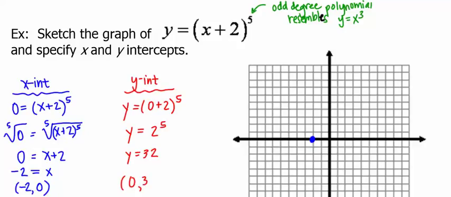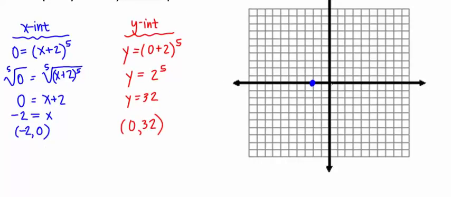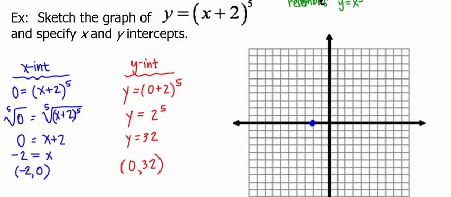Therefore, 0, 32 is our y-intercept. Now, if I come over here, 0, 32 can't even be plotted because I only go as high as 10. So you'll see what happens here with our ends. They're really appearing to be vertical.